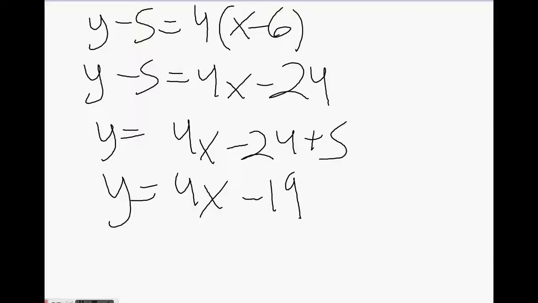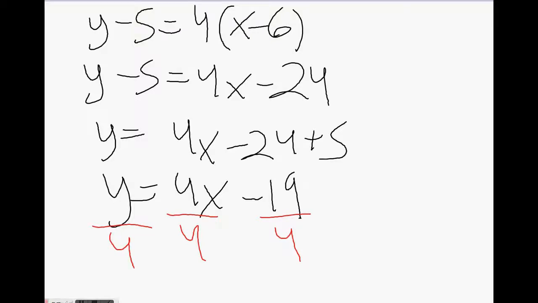Okay. Now let's get rid of this 4. The only way to get rid of the 4 is to divide each term by 4, or multiply it by 1 over 4 technically. So we divide this by 4, divide this by 4, divide this by 4.